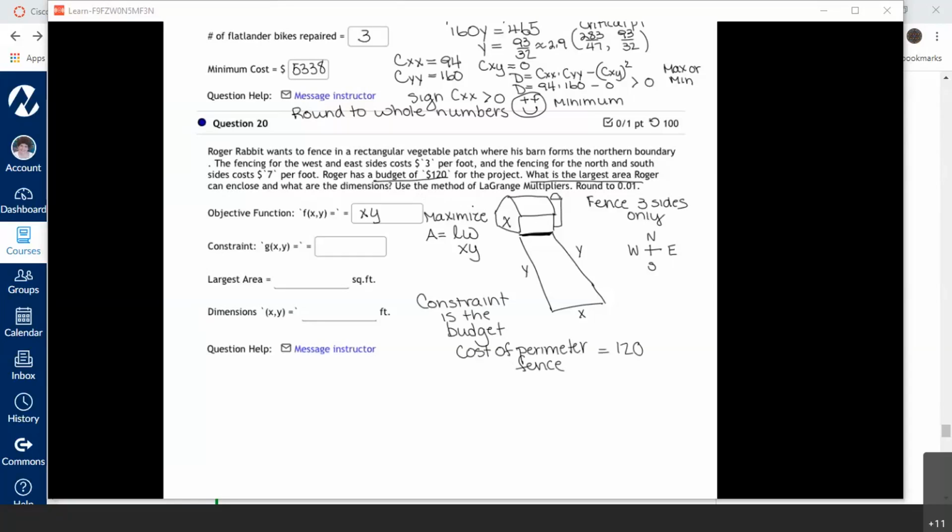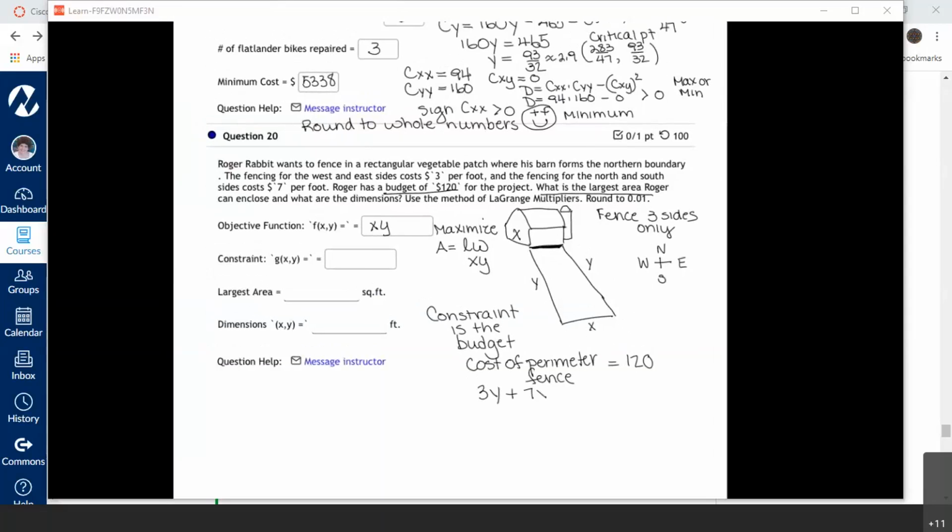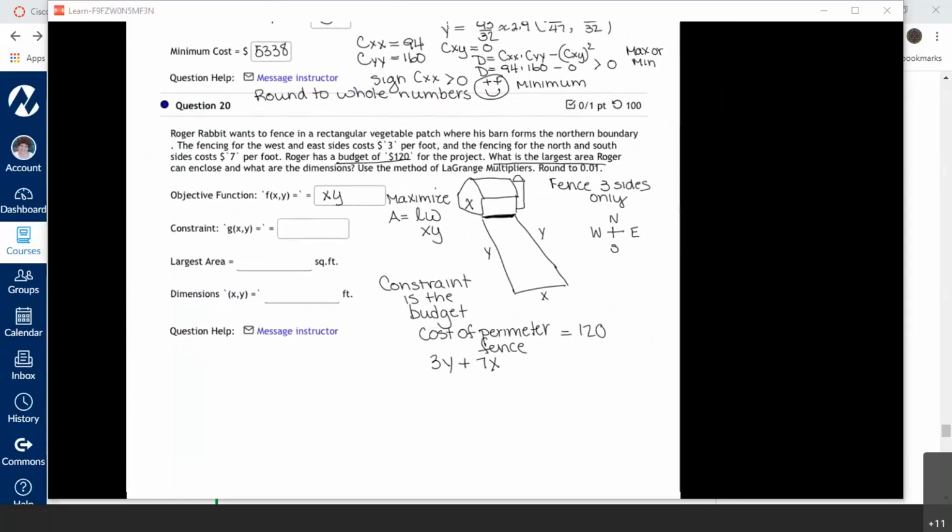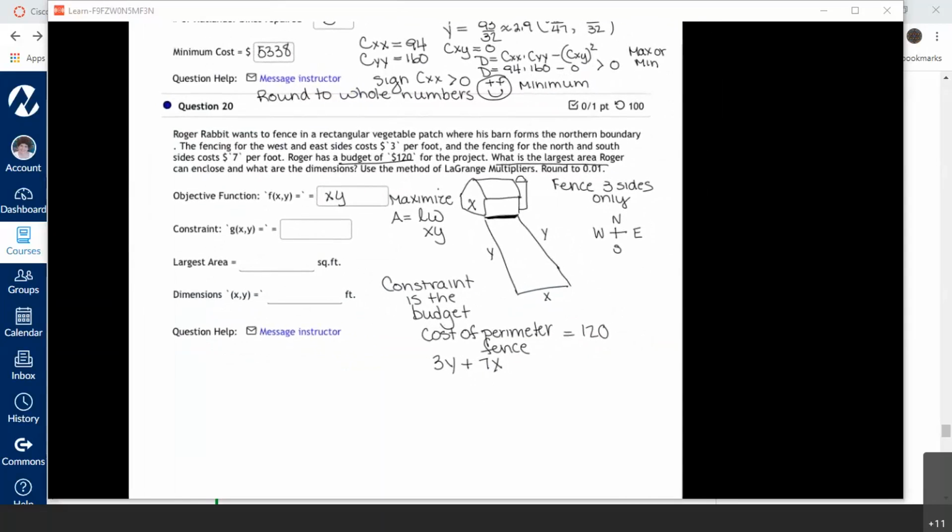And remember, we're going around 3 sides of this thing. The cost of our perimeter fence: they said the long sides were $3 a foot, so 3 times Y, where Y is the number of feet. The short side was $7 a foot, so 7 times X, where X is the number of feet, and another 3Y for the third side equals 120.